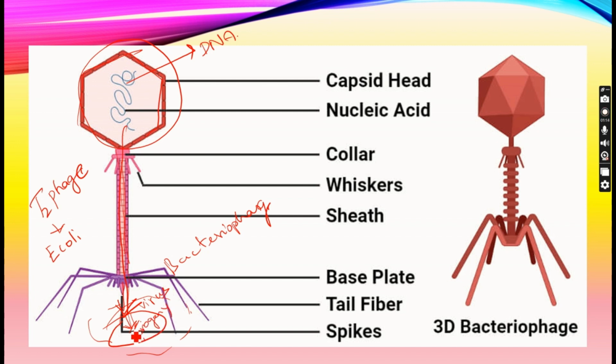These progeny are released, which causes the death of E. coli. It is the main cycle of a bacteriophage in E. coli. Based on this, we are going to find DNA as the genetic material, which provides evidence by the blender experiment.